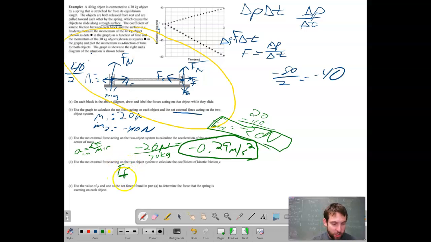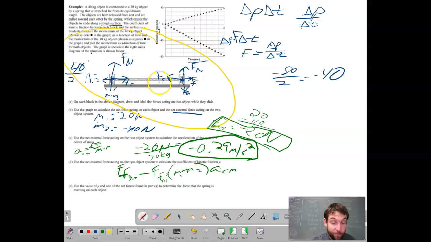So our force of friction on the 30 minus the stuff holding it back, which will be the force of friction to the left, which is the force of friction on the 40, equals the combined mass times the acceleration of the center of mass.